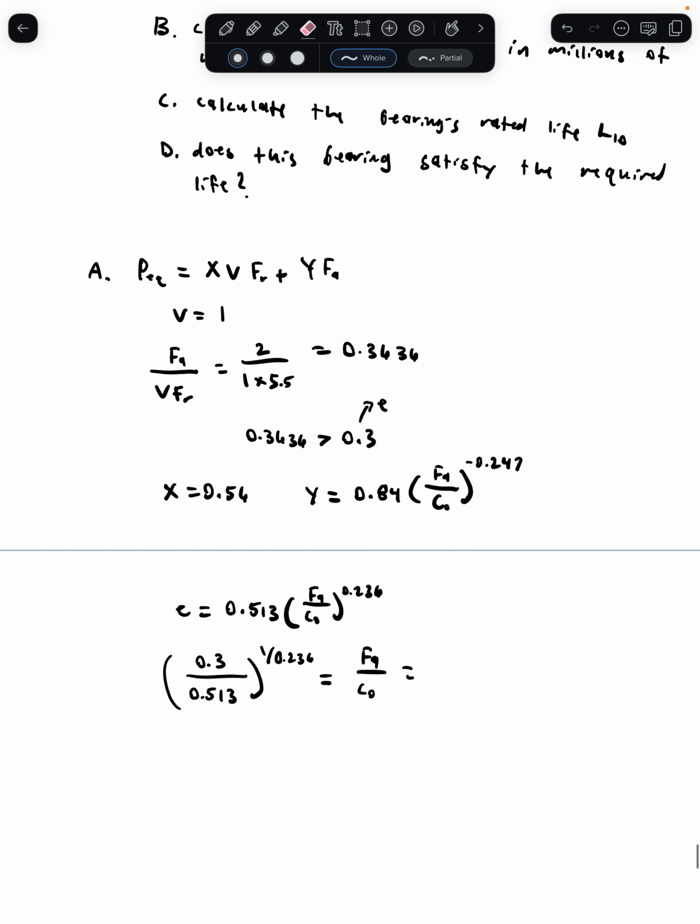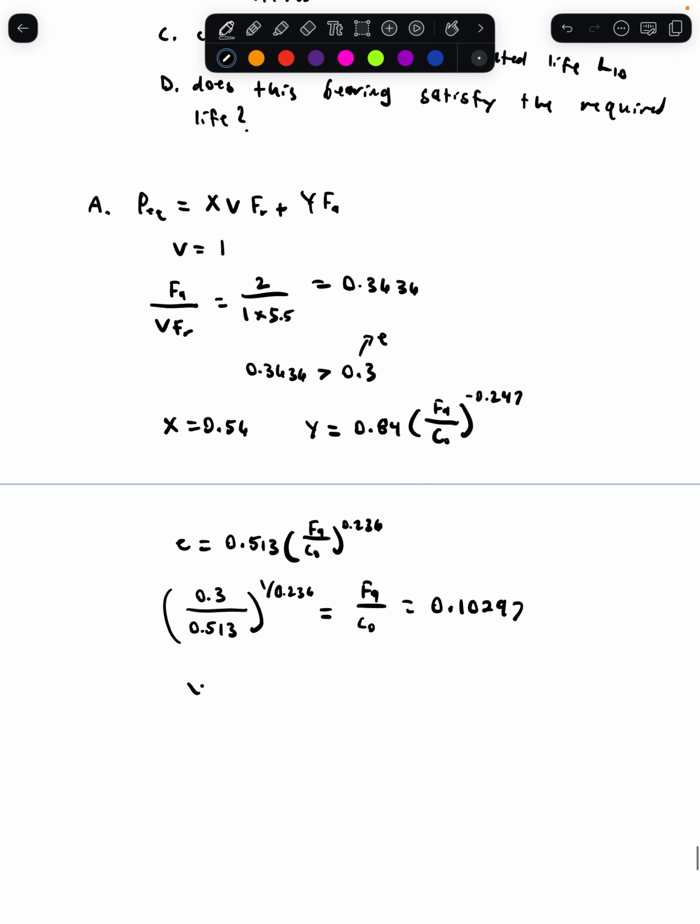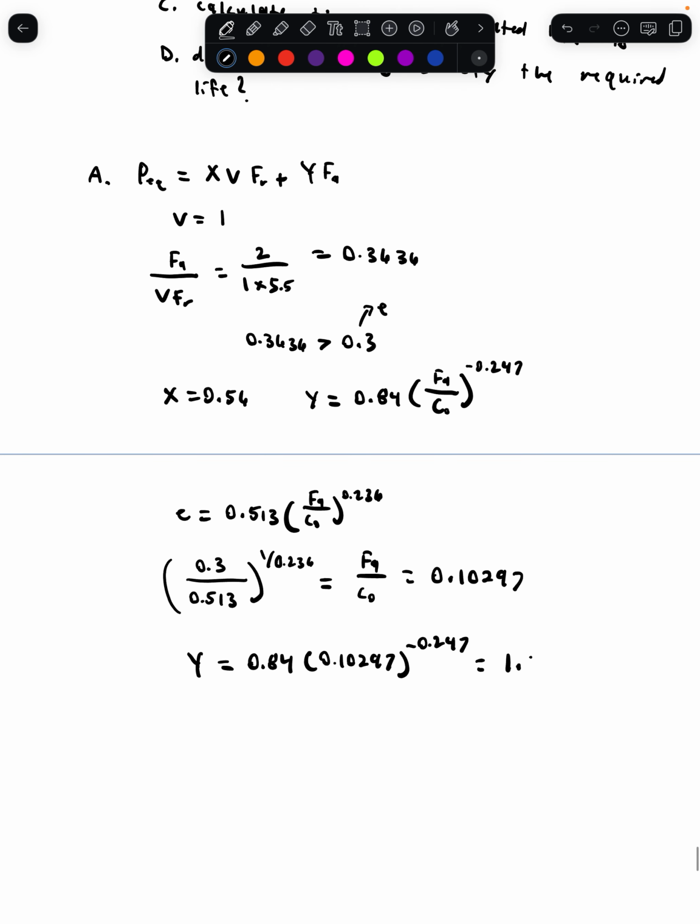That's going to be 0.10297. So then our Y is going to be 0.84 times 0.10297 to the negative 0.247, which is 1.473.